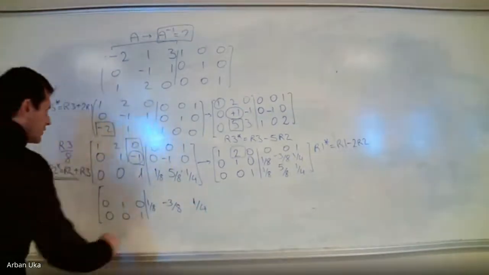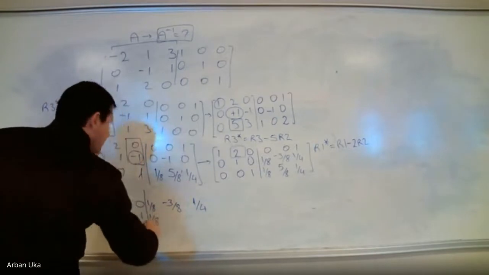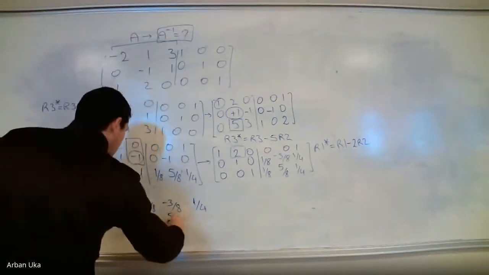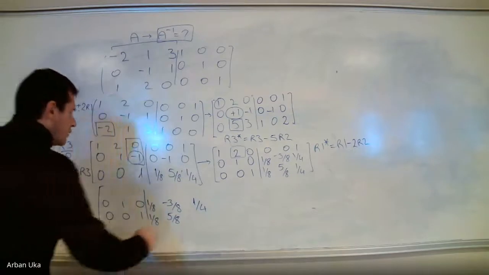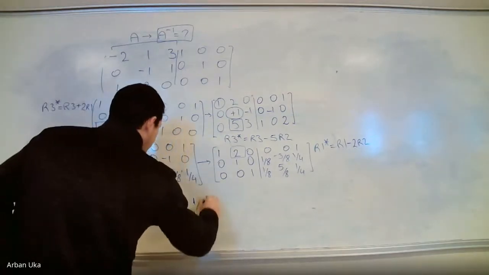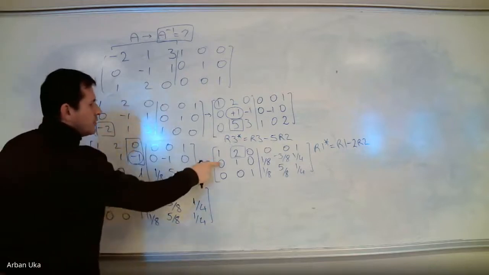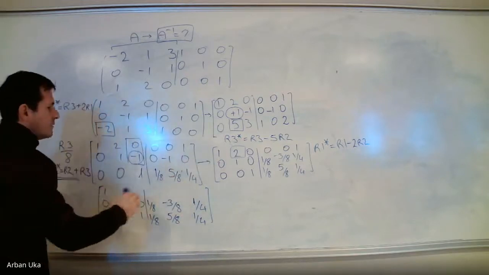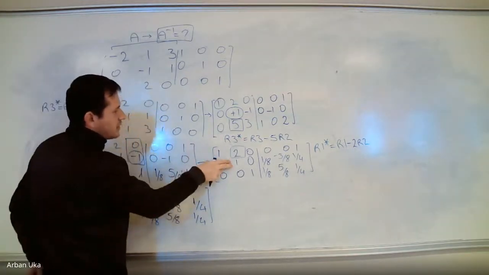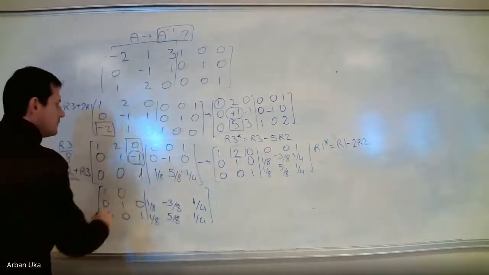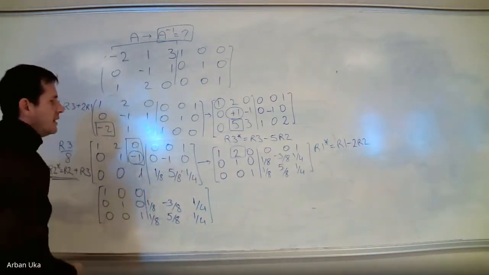Then the third row is again 1 over 8, 5 over 8, 1 over 4. Okay, then let's see what we got here. 1 minus 2 row 2, this is 1. 2 minus twice times 1, we get a 0. This is also 0.